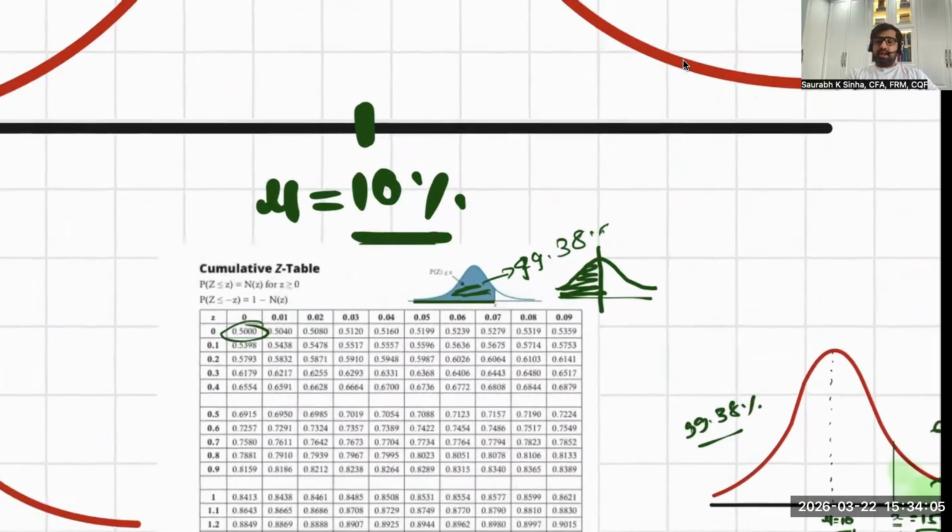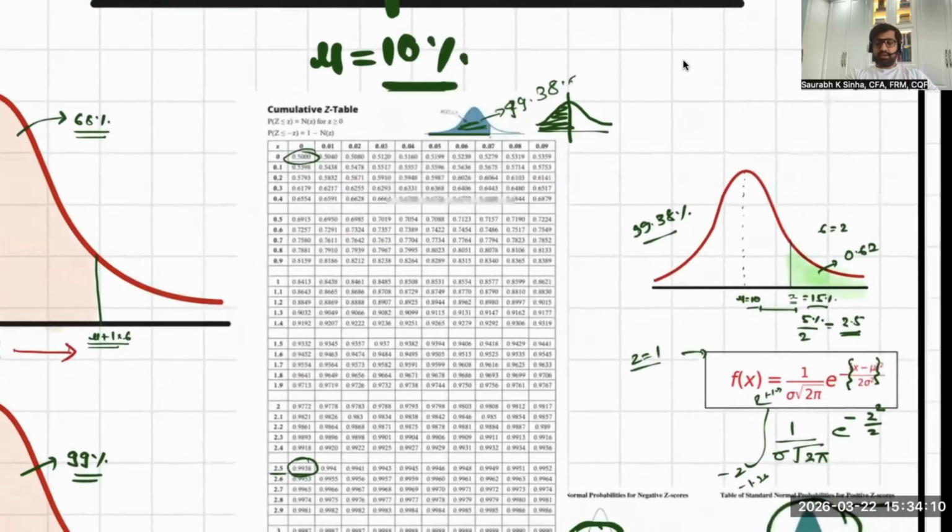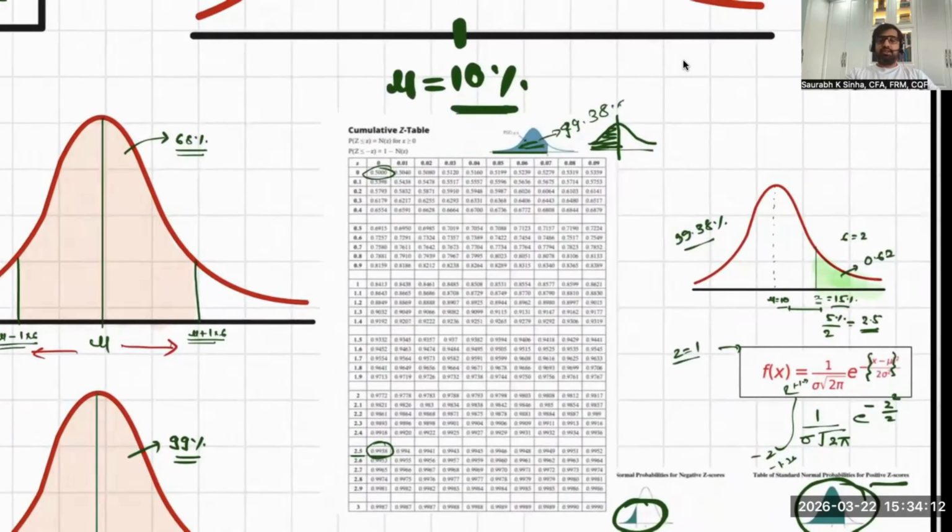With the help of this cumulative Z table, try to solve the questions: what is the probability that the stock return will be negative, and what is the probability that it will be between 8% and 12%, taking the standard deviation as 5%. If you can, then you understood the concept of reading this Z table.